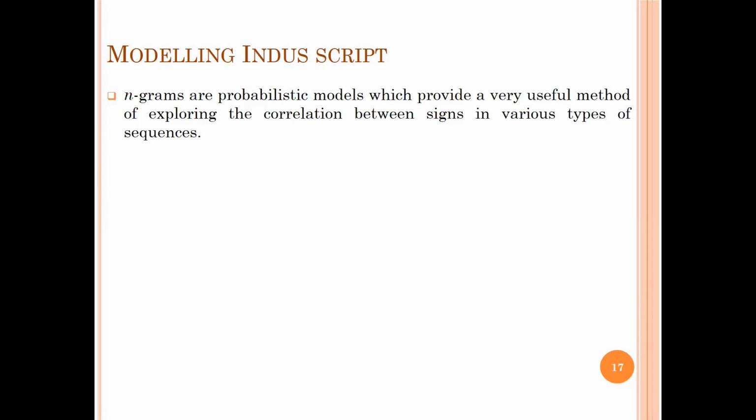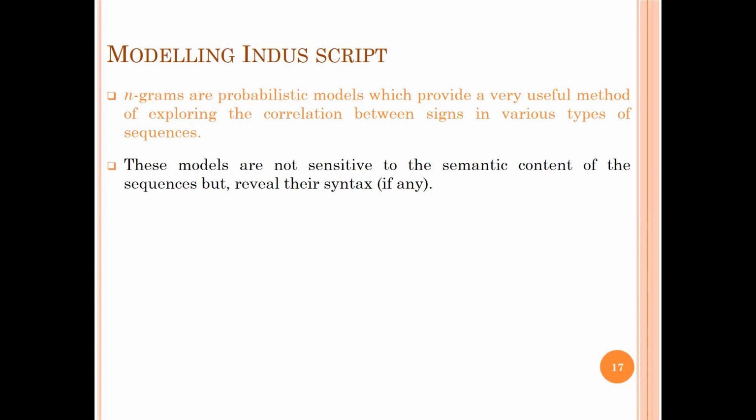They can also be used to analyze protein sequences, where the individual unit becomes the amino acids and so on. So we decided to use this model to study the sequences of Indus signs. Now, these models are not sensitive to the semantic content of the sequences, but reveal and capture their syntax, if any.